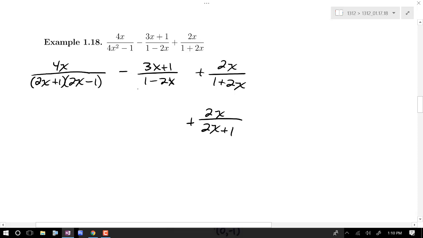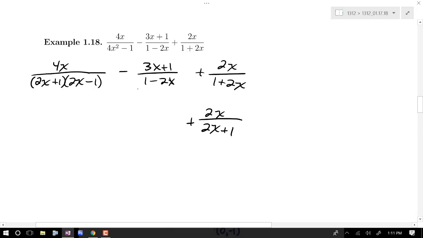Now, in the middle, we have a 1 minus 2x. But over here, we have a 2x minus 1. So we have our factors where they're virtually the same, right? We just sort of reverse the order of subtraction. What can we do with that? Take out a negative from one of them.